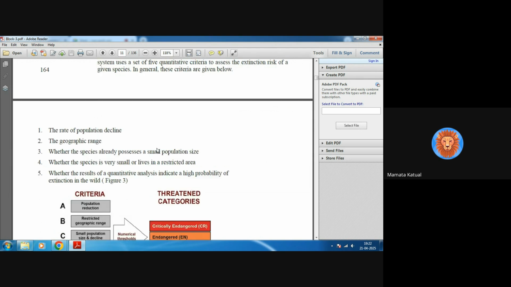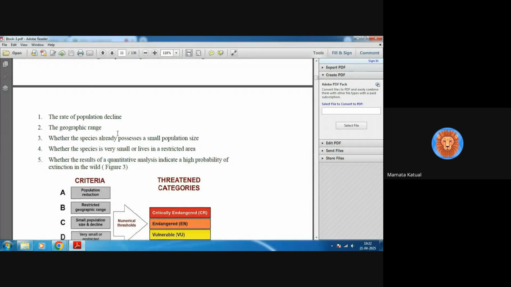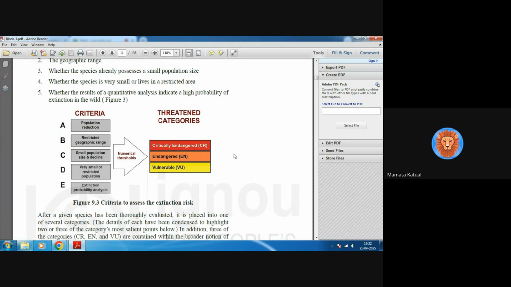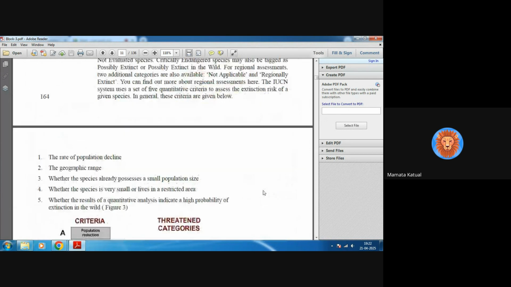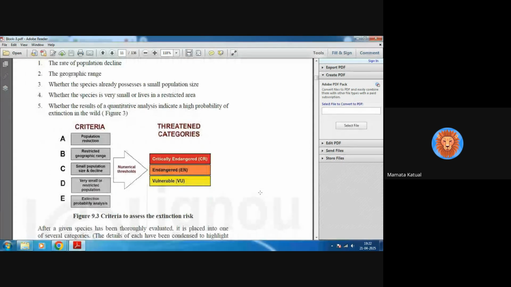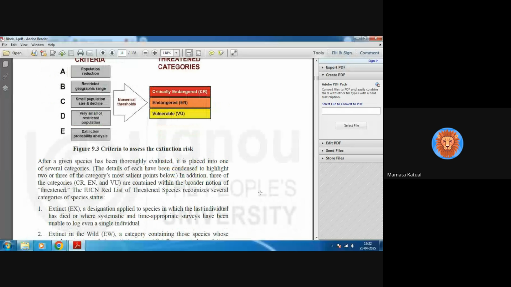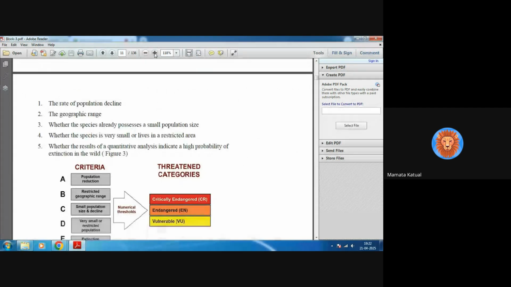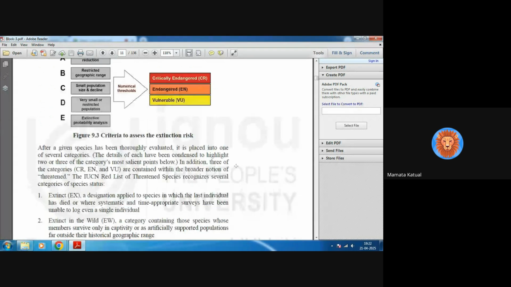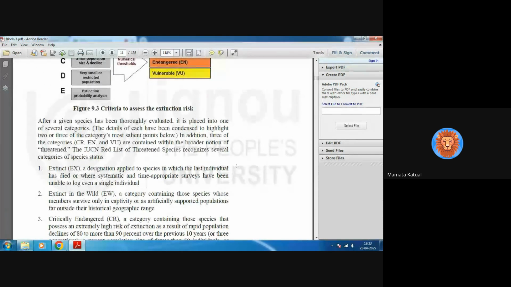So these are the 5 criteria for categorization of different categories. These species have to be evaluated thoroughly, and according to these 5 criteria, they have to be kept in one of the categories.